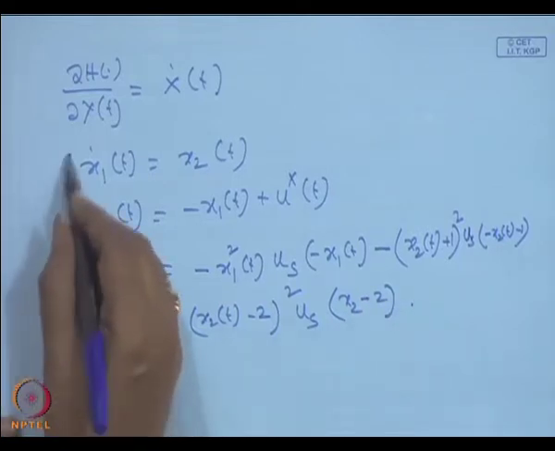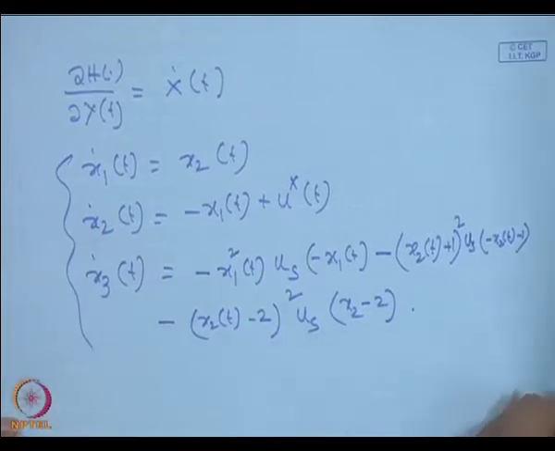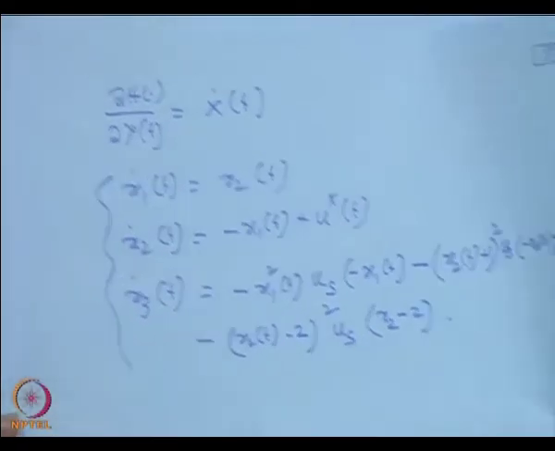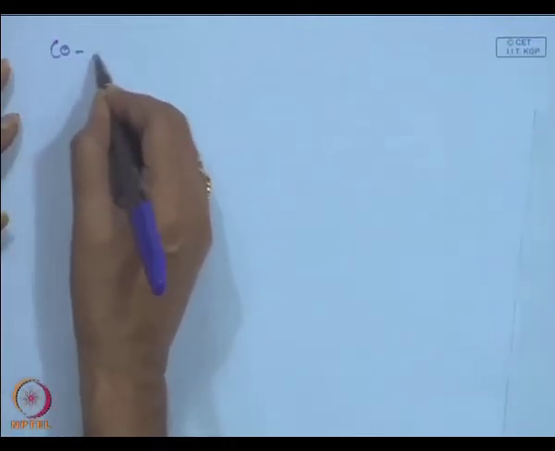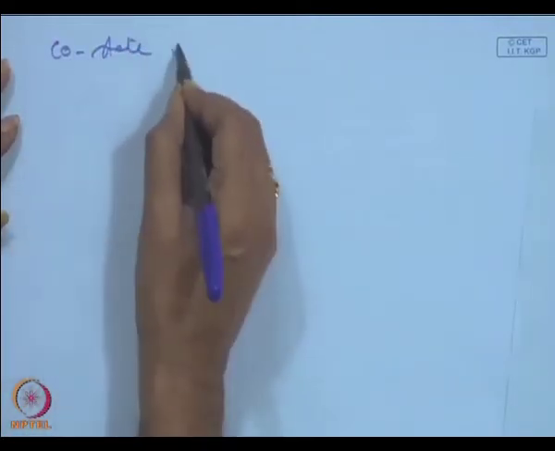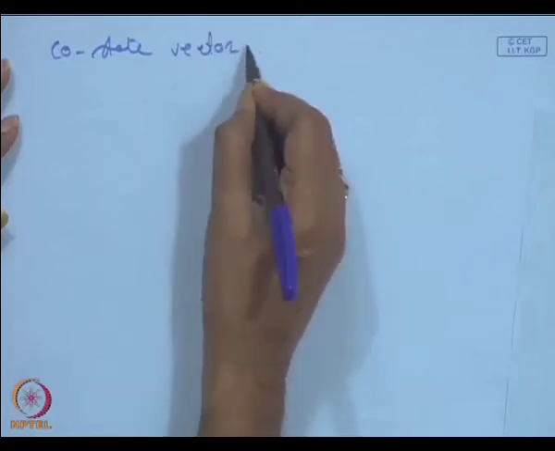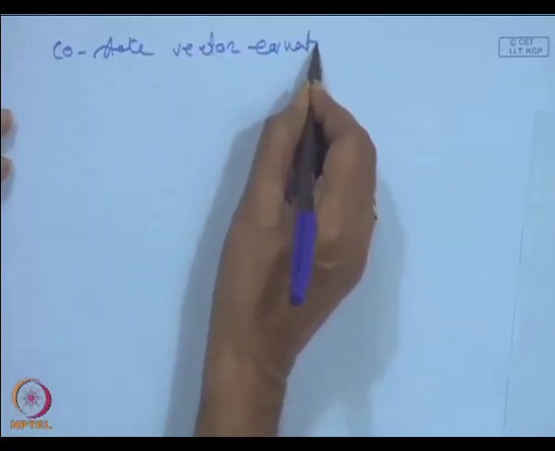This is the state equation, and then you find out the co-state vector equation. How will you take the co-state vector equation?